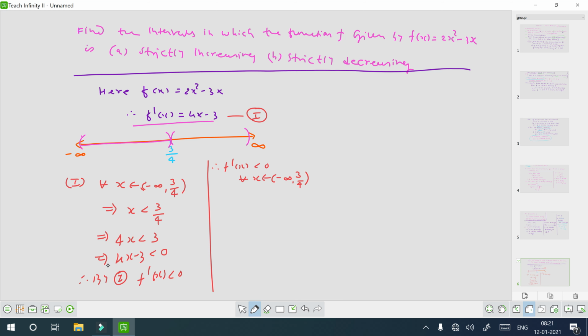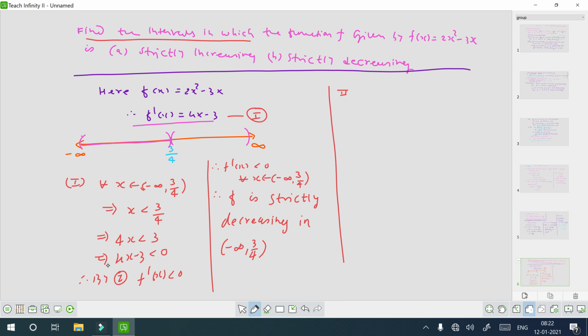So in this interval it is strictly decreasing, and therefore f is strictly decreasing in interval minus infinity to 3 by 4. We want to find intervals where it is strictly increase or decrease.